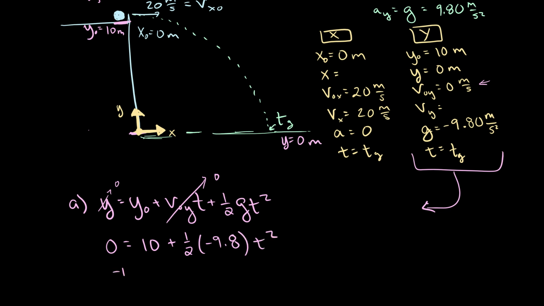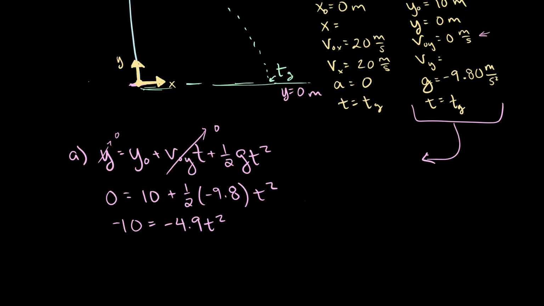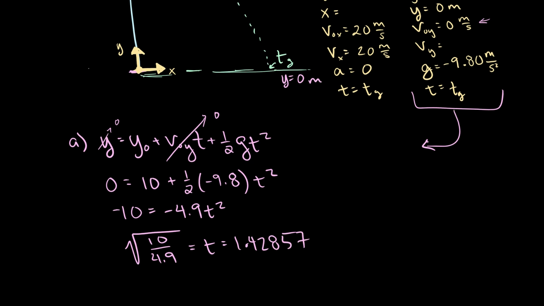I bring the 10 to the other side: negative 10 equals negative 4.9 t squared. I divide both sides by 4.9, the negatives cancel, and I take the square root of 10 divided by 4.9 to give me t, which on my calculator is 1.42857. I want to round to 3 significant digits, so I report that the time it takes to hit the ground is 1.43 seconds.